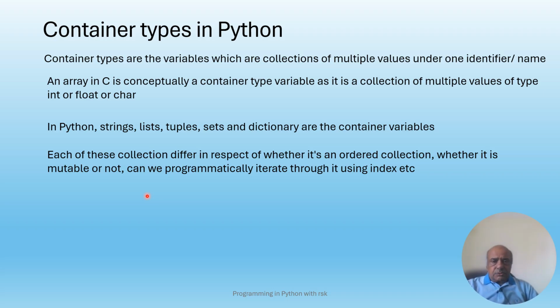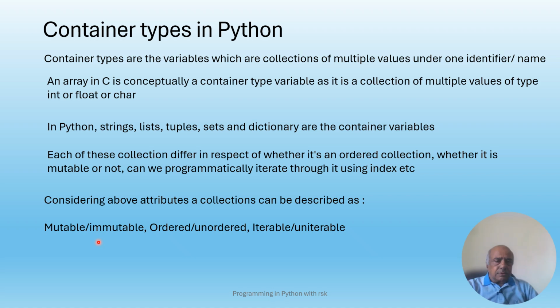Can we iterate through these values in the container using index and loops? So there are different types of containers where different types of attributes are applicable. We will see all those one by one.